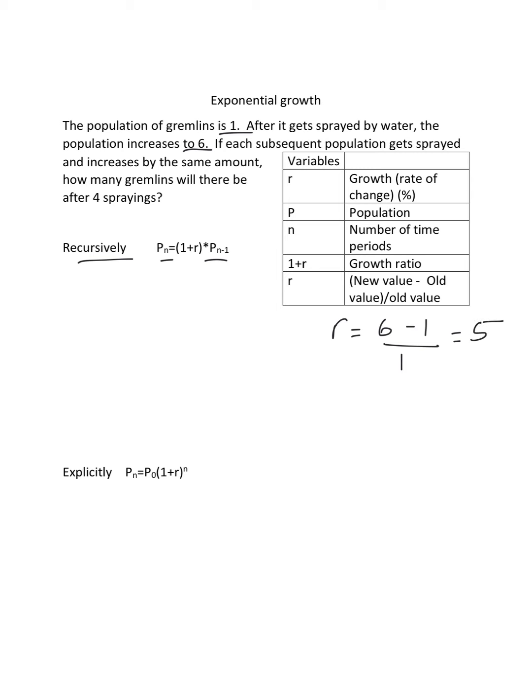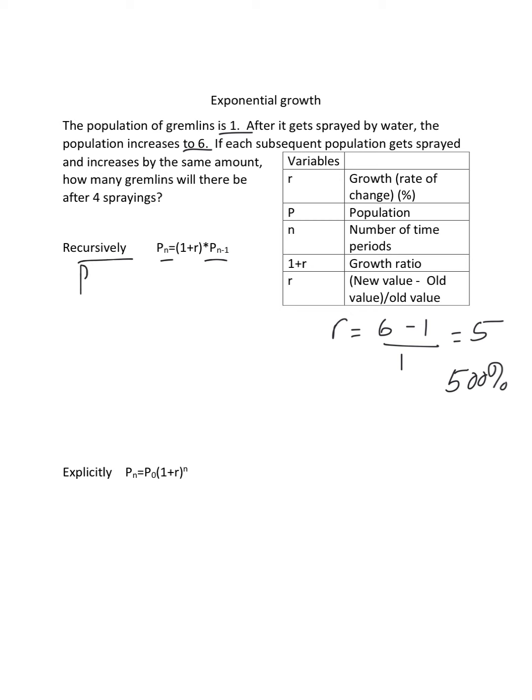And since typically rate may be expressed in percentage, that is a 500% growth rate. So now what we're going to do is recursively find out how many gremlins you can expect at this particular growth rate.